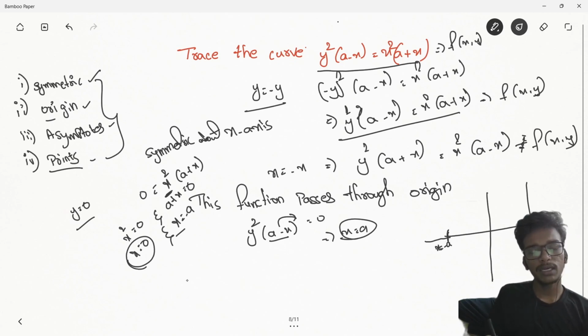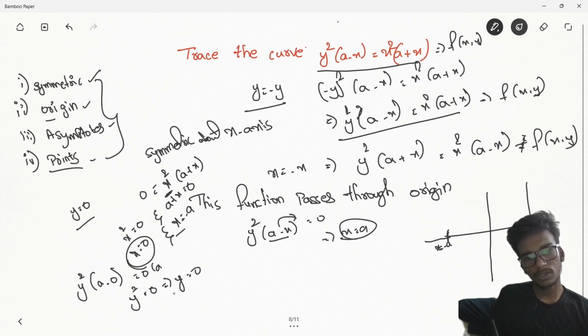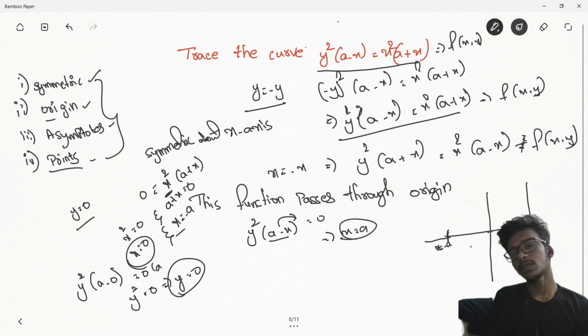And we will check when this function will cross the y-axis. We will just keep x as 0: a minus 0 plus 0 into a. That means y square equals 0. That implies y is equal to 0. That means only at the origin it's going to cross the y axis.